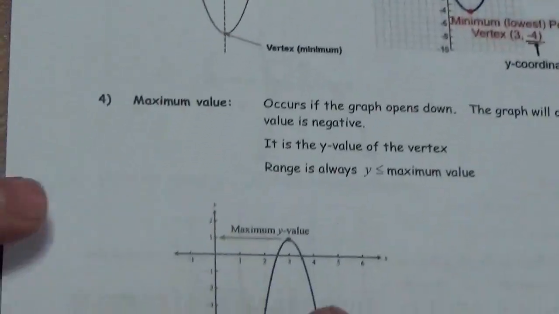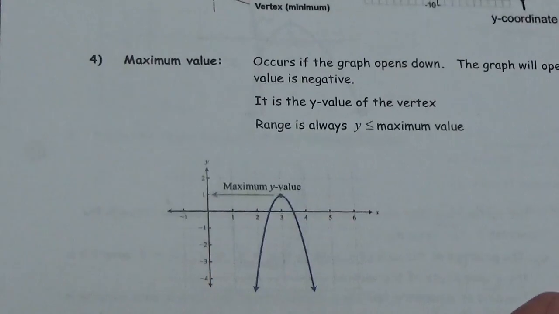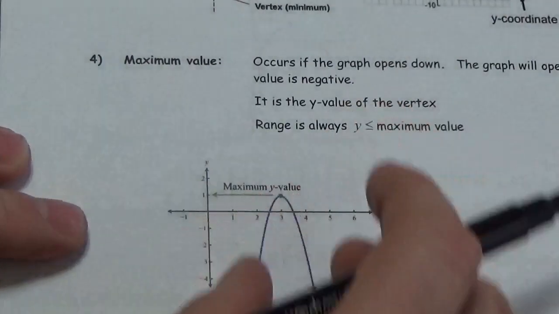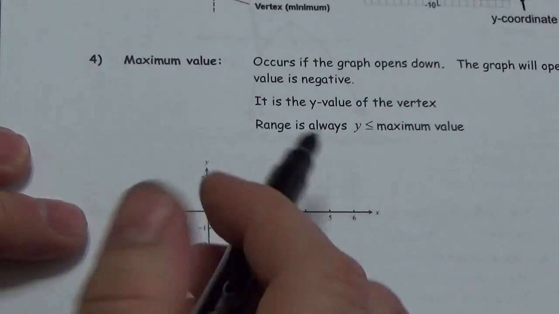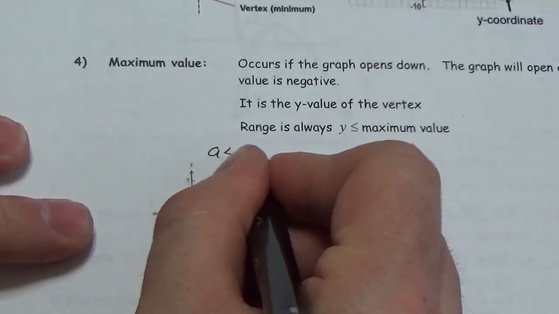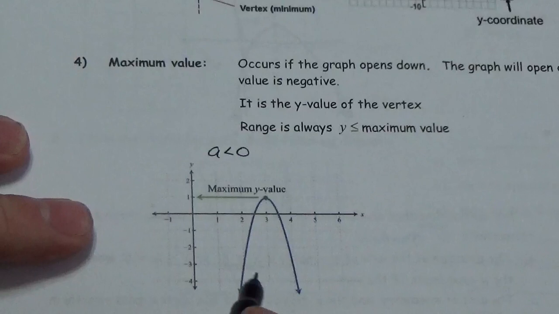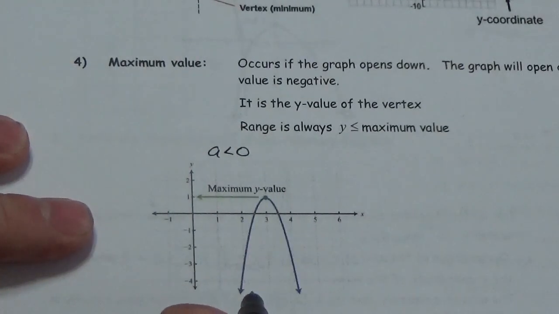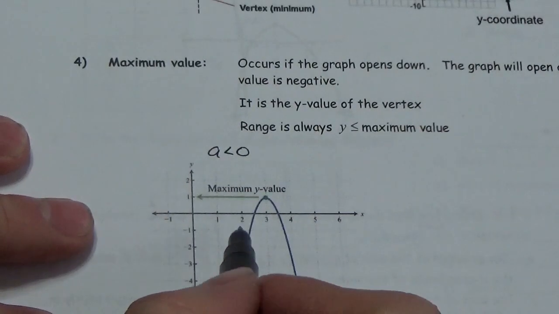Now compare that to your maximum value. This is basically the exact opposite. The parabola has to open down, which means the a value is negative. Without even knowing specifically what the a value is, I know that it's negative. In this particular graph, what I'm looking for is the maximum value of y.